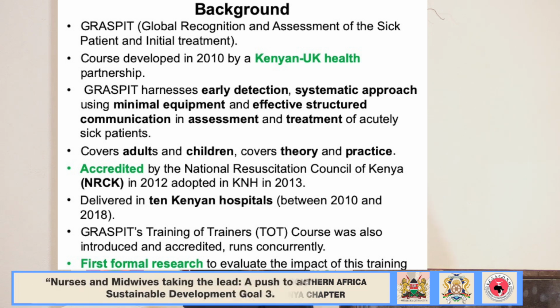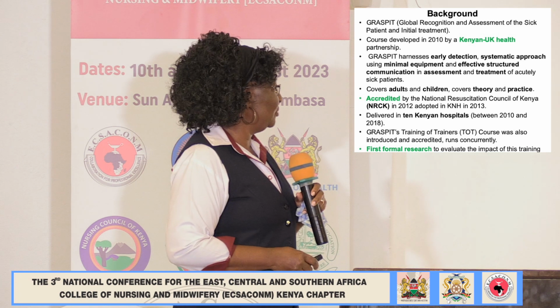It covers the adult patient, it also covers the child, and it was accredited by the National Resuscitation Council in 2013. By the time we did this research, we had already trained 10 institutions, most of them government institutions. We had also developed a TOT course, Trainer of Trainers course, so that the institutions themselves, once the training was taken to them, were able to run with it.